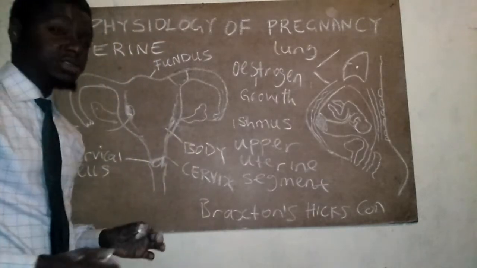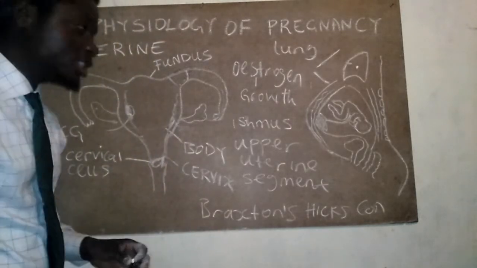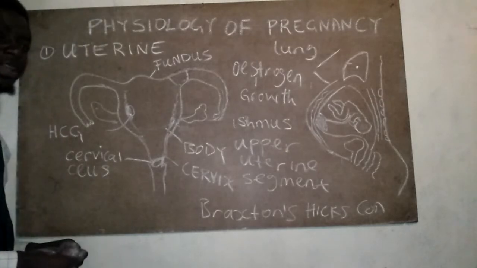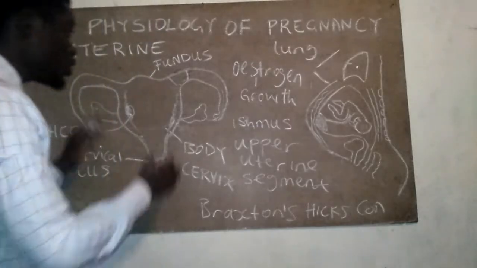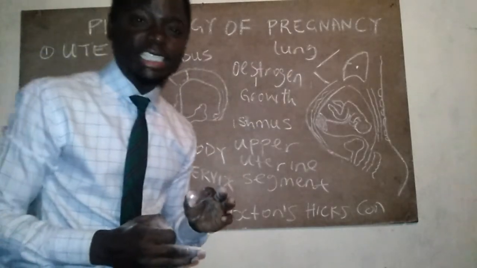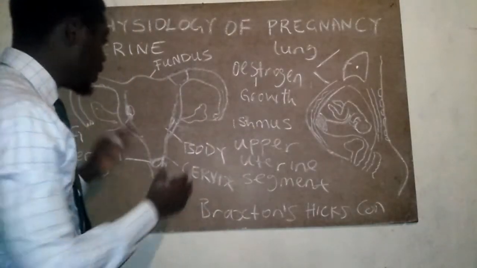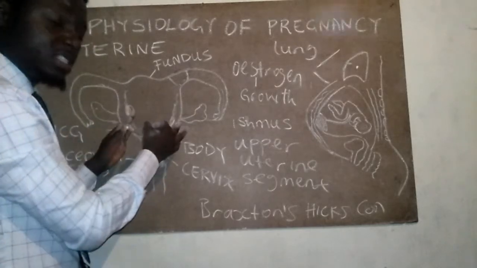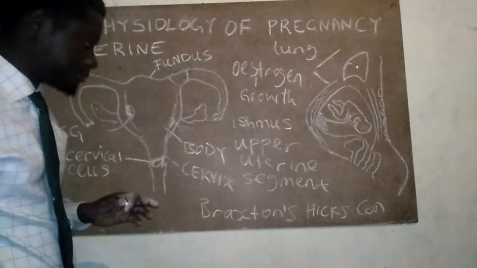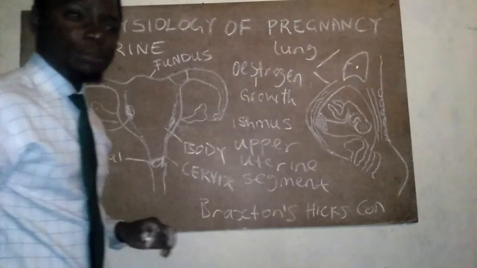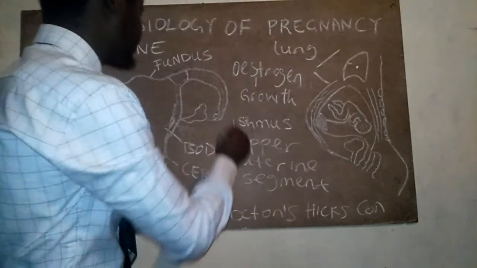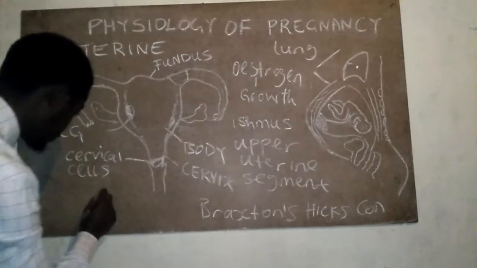So for example, estrogen, progesterone, relaxin, all those things are going to be regulated. And as well as that, there's also going to be increased vascularization of the uterus. There's going to be a lot of blood going into the uterus. And also, the corpus luteum is going to produce a hormone called relaxin.